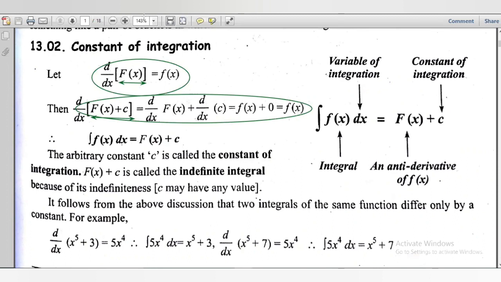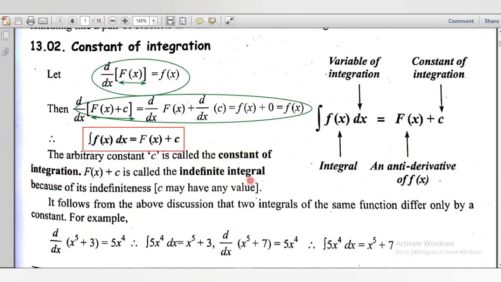So finally we write: the integration of f of x dx is equal to F of x plus c. The arbitrary constant c is called the constant of integration.